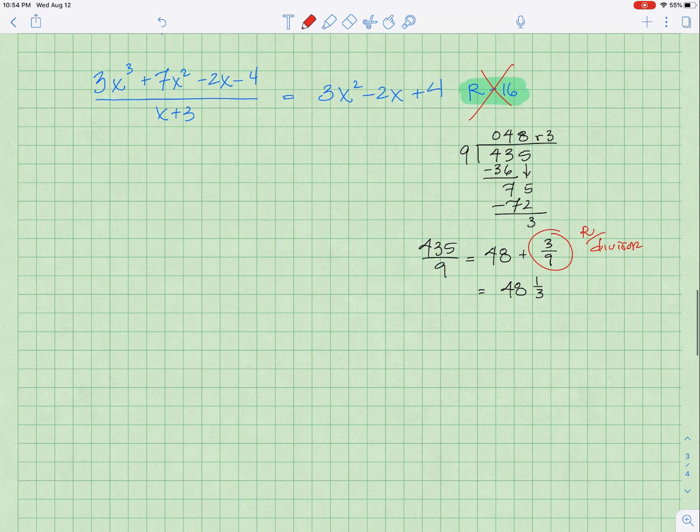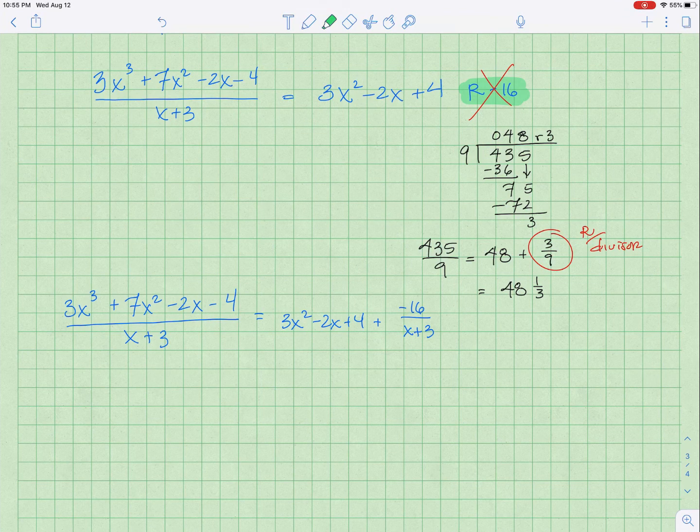So in this particular case, when we're talking about long division or synthetic division with polynomials, we actually want to write something like this. 3x cubed plus 7x squared minus 2x minus 4 divided by x plus 3 is 3x squared minus 2x plus 4 plus a remainder of negative 16 over x plus 3.